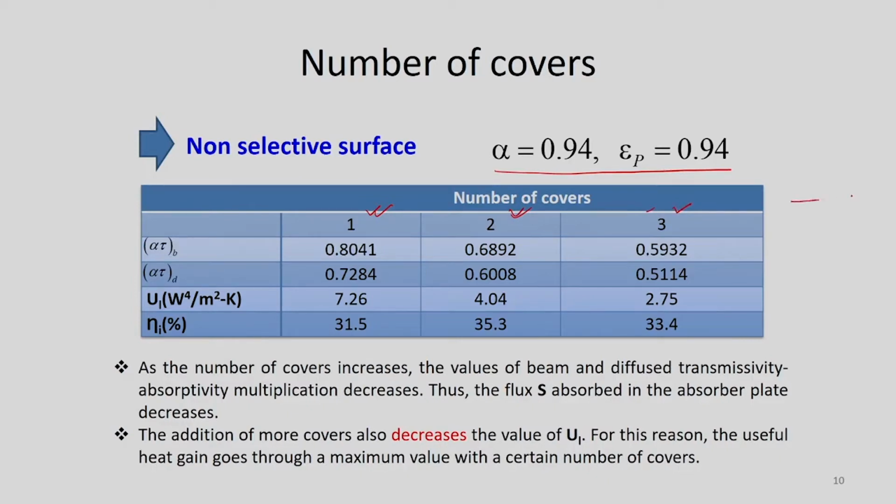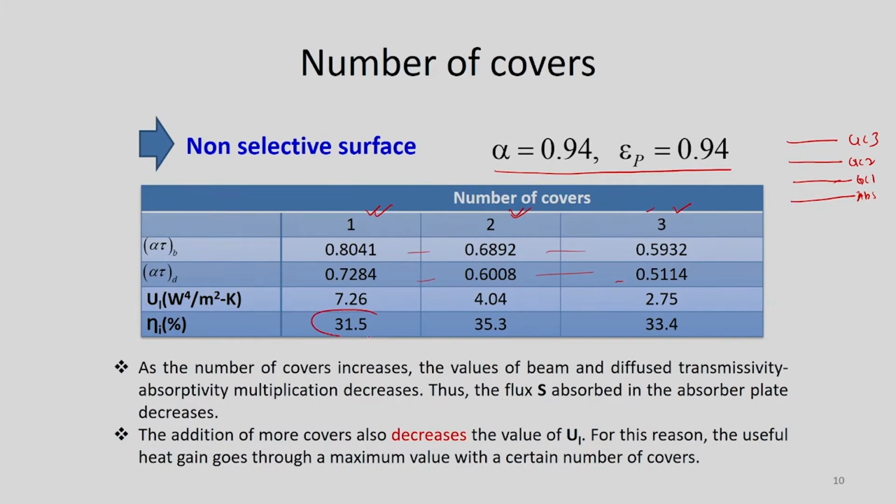So: absorber plate, glass cover 1, glass cover 2, glass cover 3. As you can see, the transmissivity-absorptivity product for beam and diffuse radiation decreases as the number of covers increases.